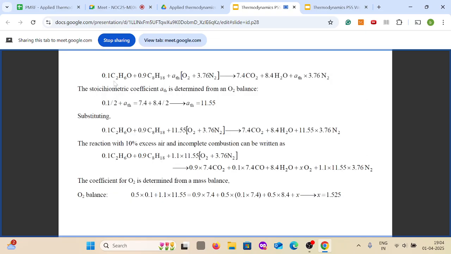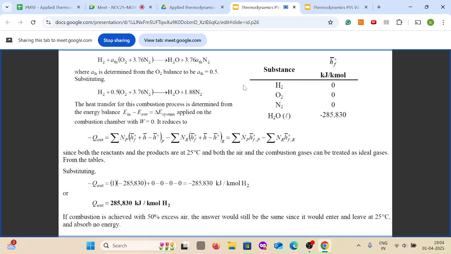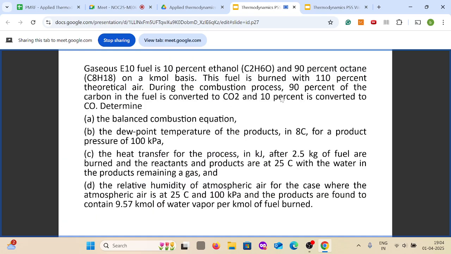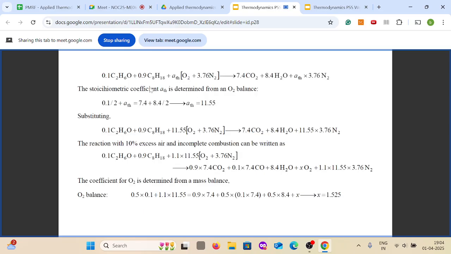So that's what is written: 0.1 mole of ethanol plus 0.9 moles of octane plus A reacting with air, O2 plus 3.76 nitrogen, to form products. It is given that 90% of the carbon in the fuel is converted to CO2.